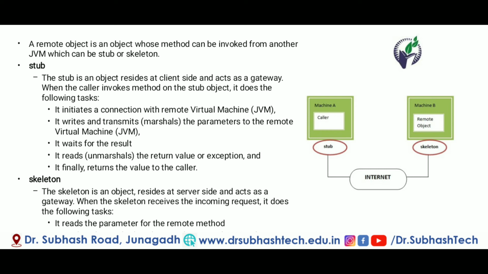At that time this request is passed to the skeleton. So the skeleton receives that request and sees what the parameters are for the remote method, or what parameters are given from the stub for any method that is held remotely.